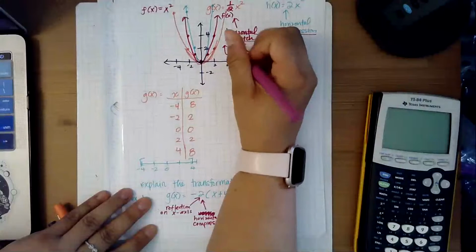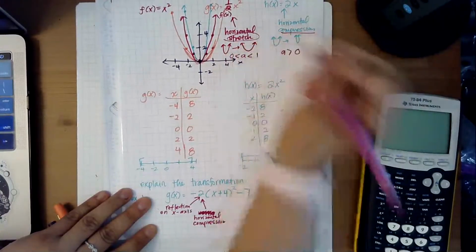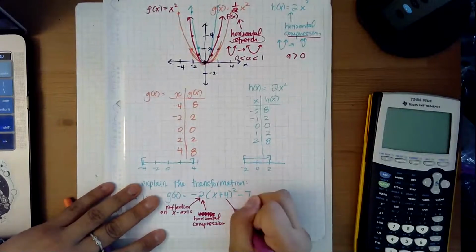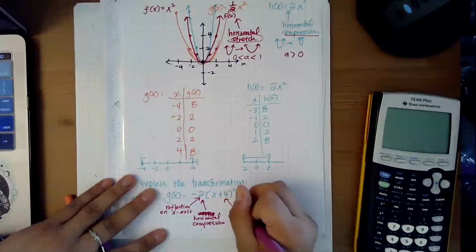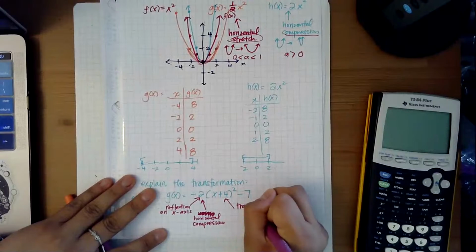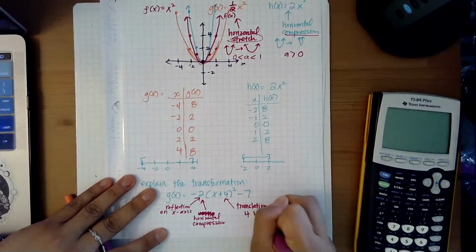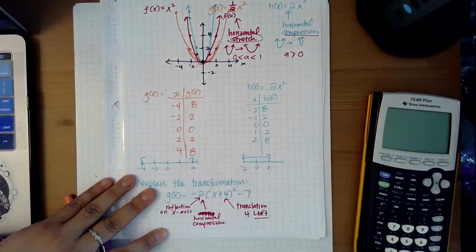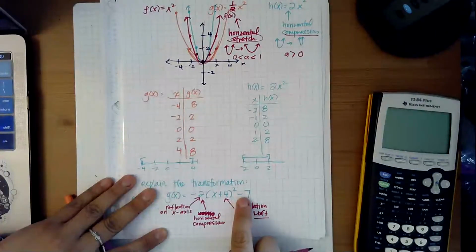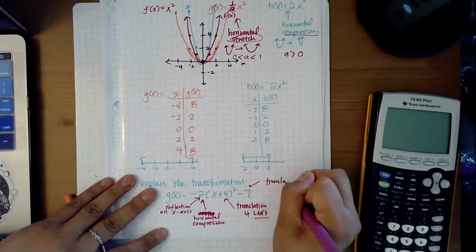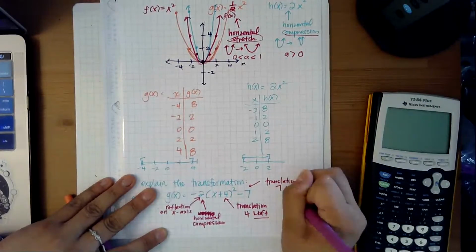It's a stretch if it's between 0 and 1. Okay? And then I do have a translation 4 to the left. Remember, inside of the parentheses is always opposite of what the equation tells you. Outside is always going to be literal. And a translation 7 units down.